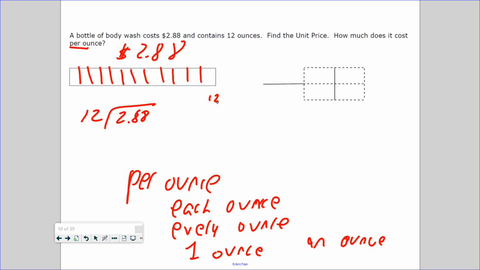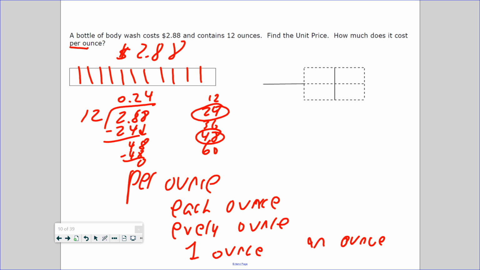The pattern for 12 is 12, 24, 36, 48, 60. 12 going into 2, 0 times. Which one goes into 28? 2 times. 28 minus 24 is 4. I bring down the 8. Which one goes into 48? Oh, right here. 4 times. So it's 24 cents for 1 ounce.